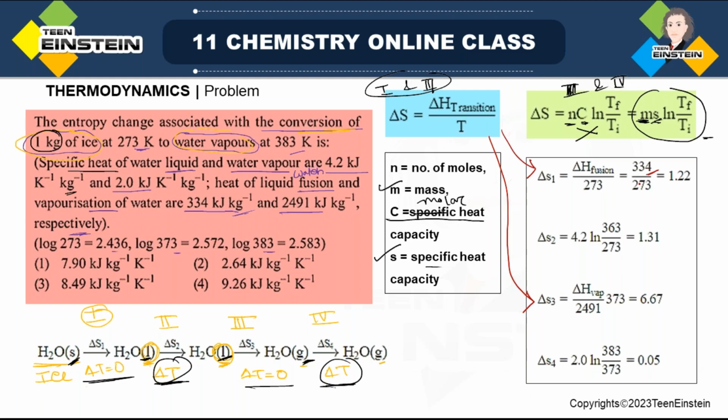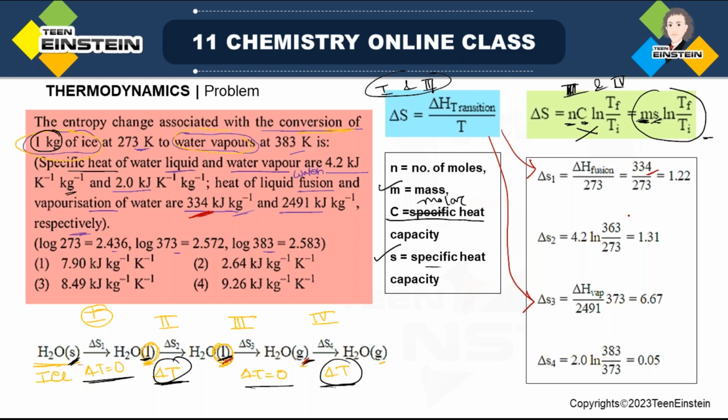Del H fusion value is given, 334. Fusion means from solid to liquid, and for the third step you are converting from liquid to gaseous form, and this will involve del H vaporization.